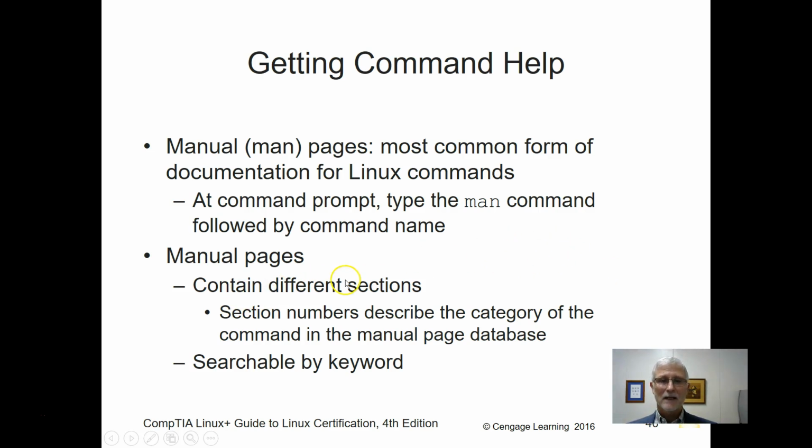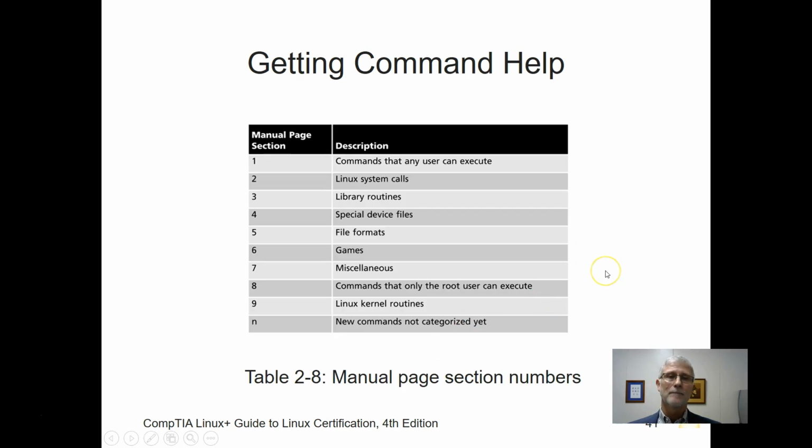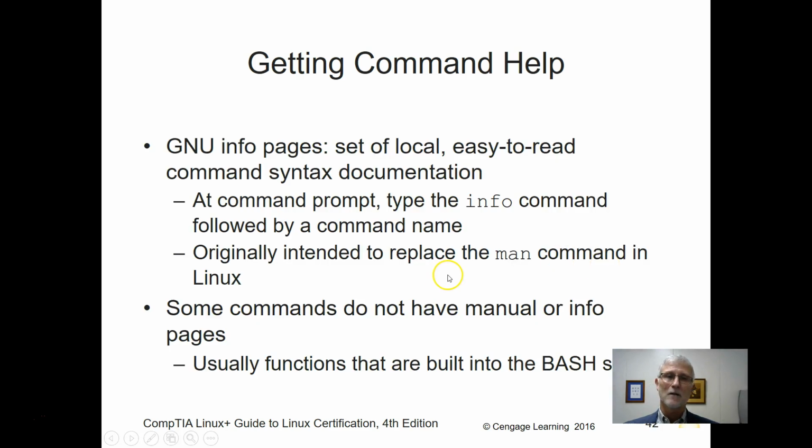They contain different sections and section numbers, and they're searchable by keywords. The manual sections are based on who you are and what you're looking for, but they're at least categorized by sections.